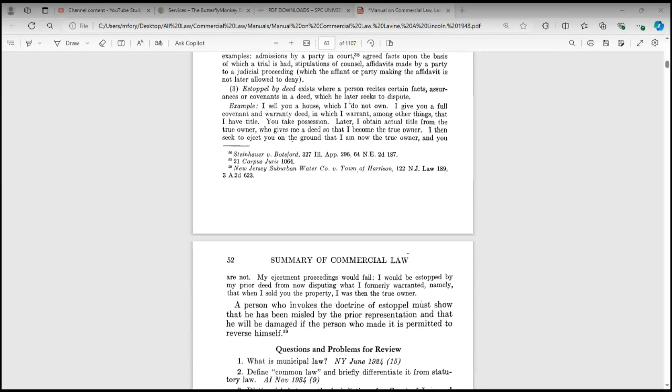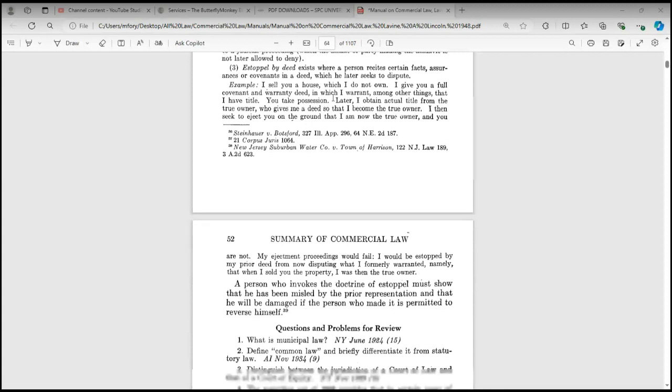Later I obtain actual title from the true owner, who gives me a deed so that I become the true owner. I then seek to eject you on the ground that I am now the true owner and you are not. My ejectment proceedings would fail. I would be estopped by my prior deed from now disputing that I formerly warranted, namely, that when I sold you the property, I was the true owner.